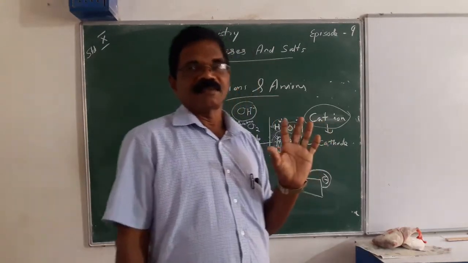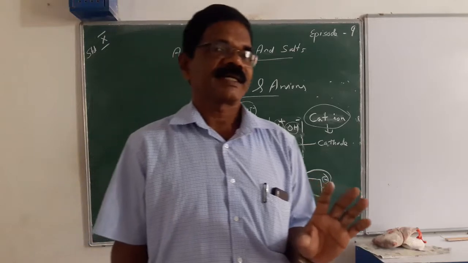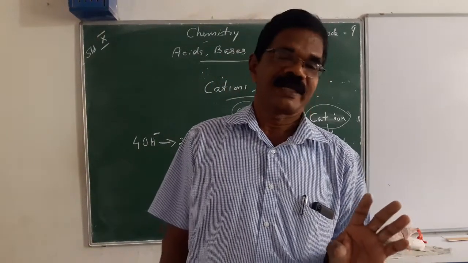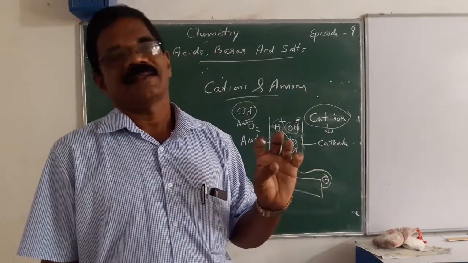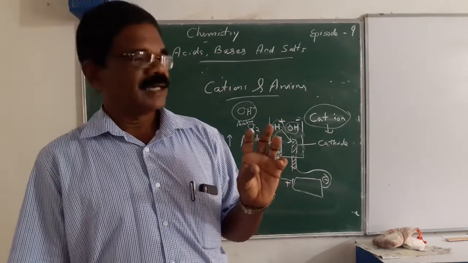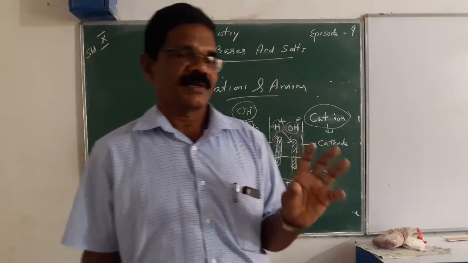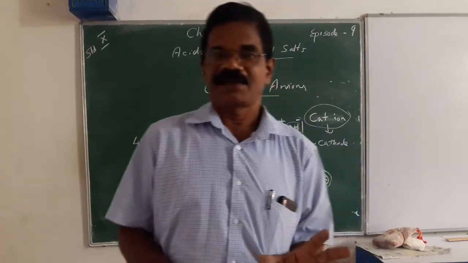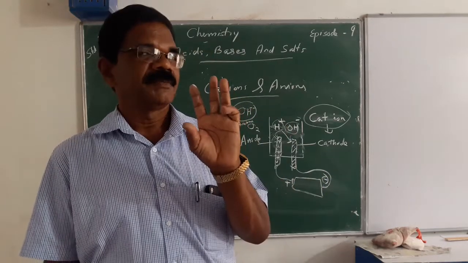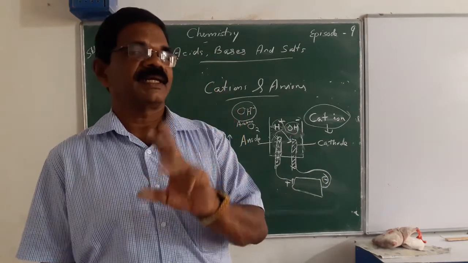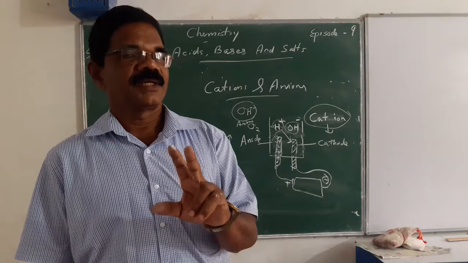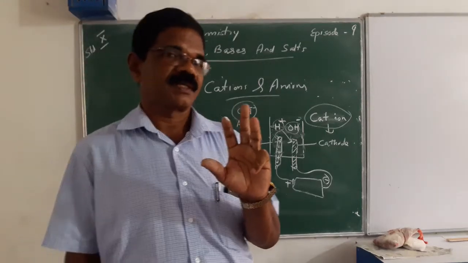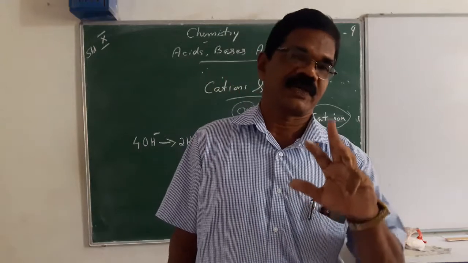Only two things you must remember. What are cathode and anode? Normally we say anode and cathode. According to the English alphabet, A comes first: anode positive. Then comes C: cathode negative. Anode is the positive electrode, cathode is the negative electrode. During electrolysis, which ions move towards the anode?